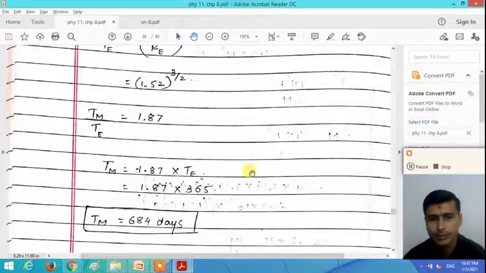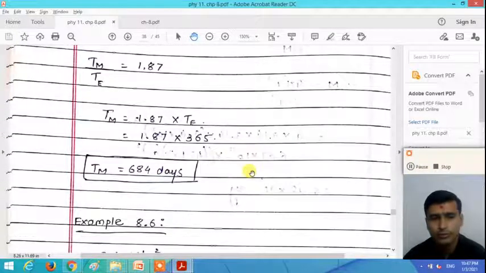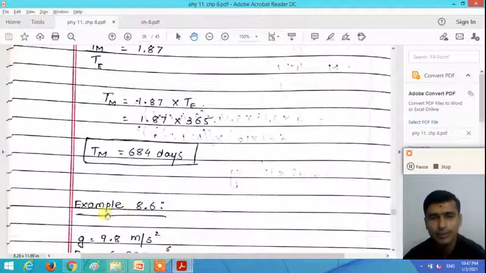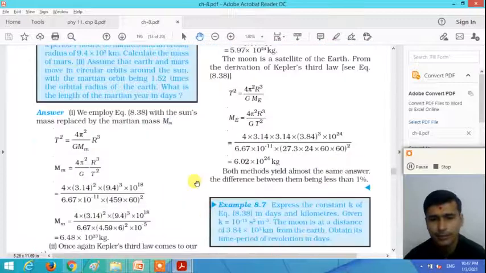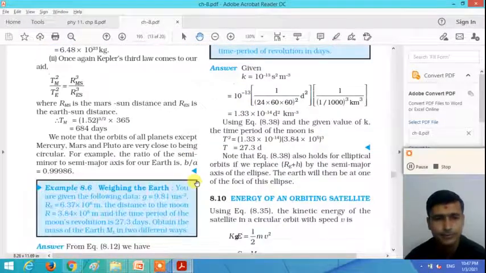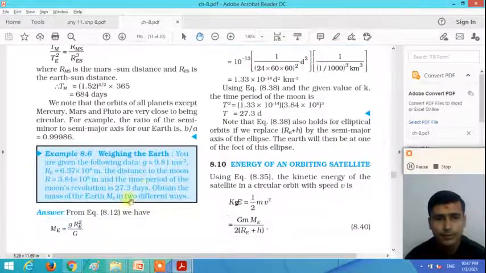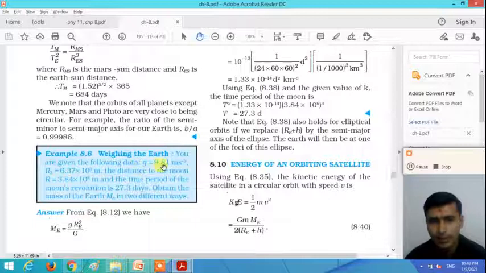So understand this question. Now we move towards example number 8.6. Let us see the statement of example number 8.6. Weighing the Earth. You are given the following data. The value of small g is 9.81 meter per second square.